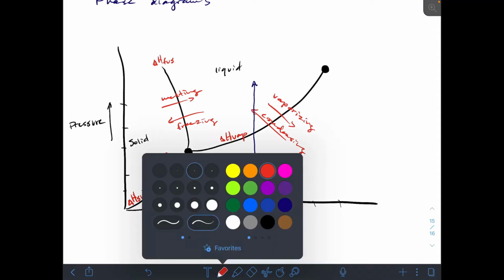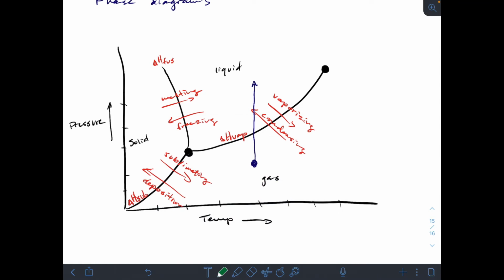Now, our diagram also has two main points on it. The one where the three phases come together is called the triple point. And this dot here at the top right is called the critical point.